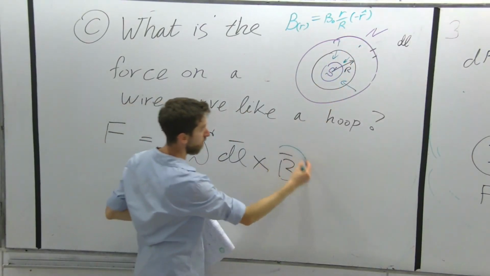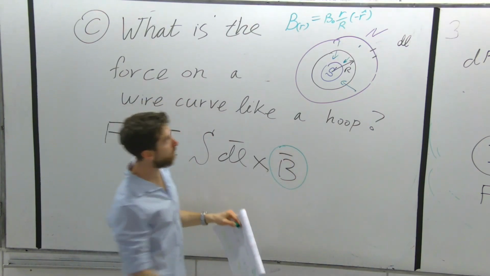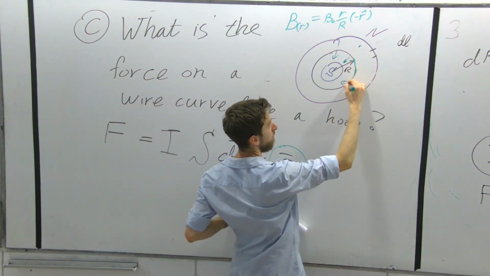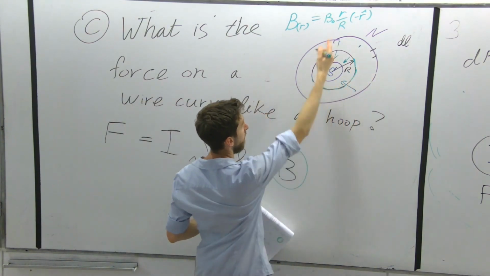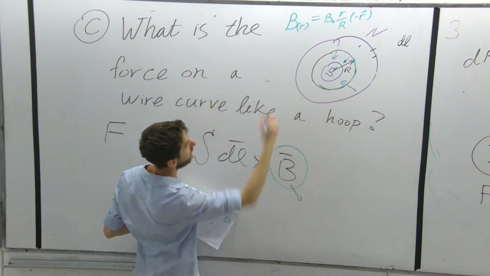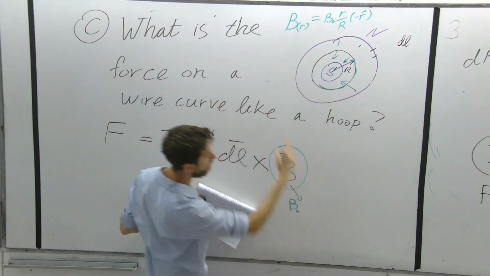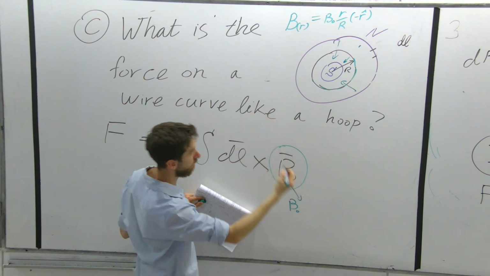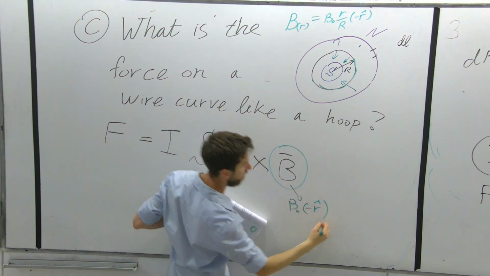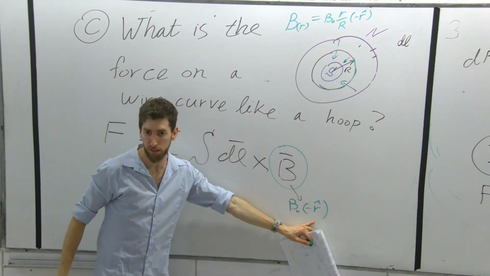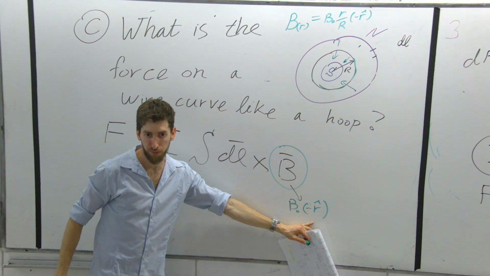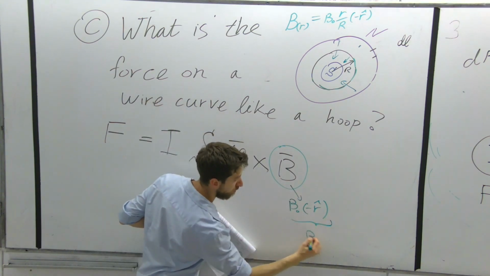So we know B. What is B at the wire itself? We take this and put R inside, so it's actually B0 minus R hat. Agree? This is B of R.